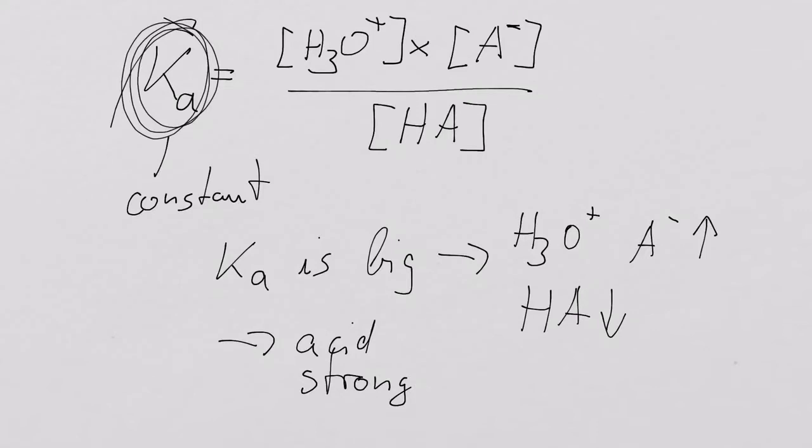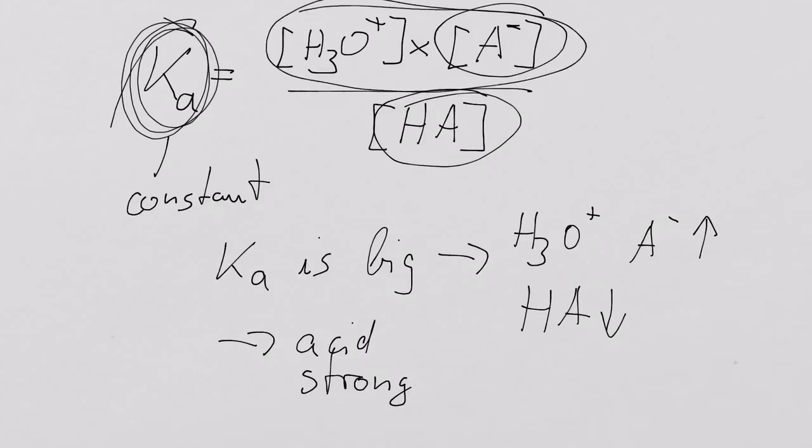Okay? Beautiful. And it's a constant. So if I was to increase, let's say, HA for one reason or the other, if I double it, then I have to double this part here as well. Otherwise, it wouldn't stay constant.